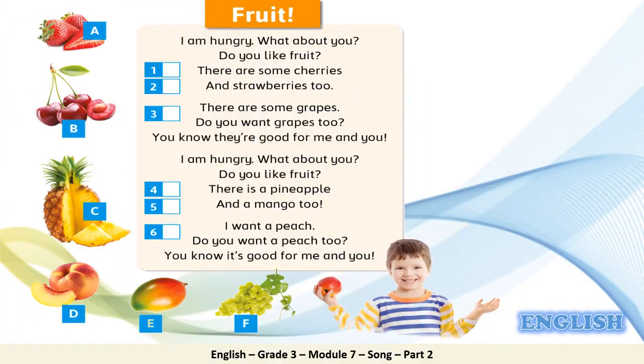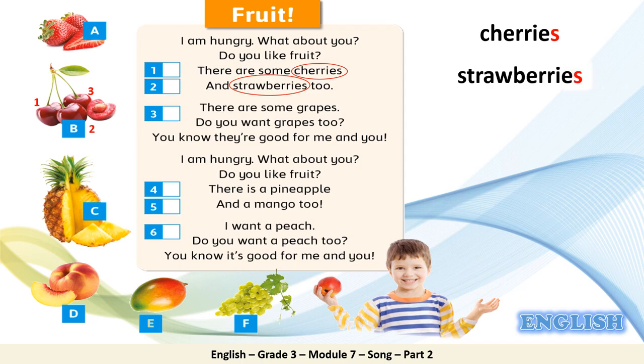And now, what about the cherries? How many cherries do you see? Let's count together. 1, 2, 3. Excellent. What about the strawberries? How many strawberries do you see? There are 1, 2 strawberries. Excellent.